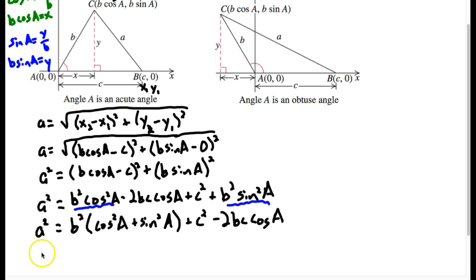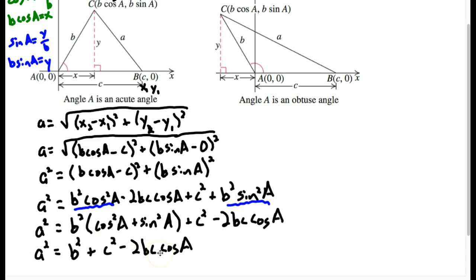Cosine squared plus sine squared is just equal to 1. So we end up with b squared times 1, which would just be b squared. So we get b squared plus c squared minus 2bc cosine of a. And this is known as the law of cosines.